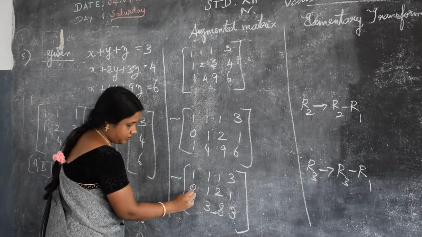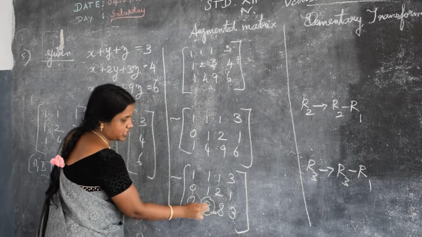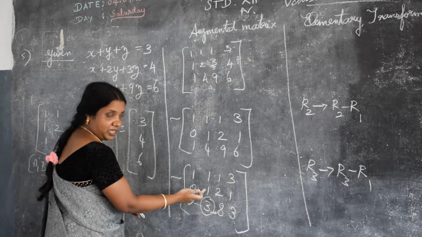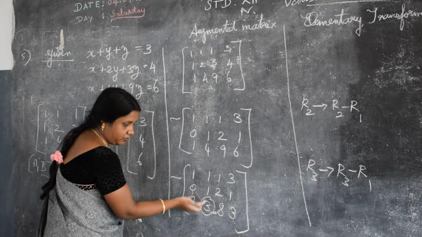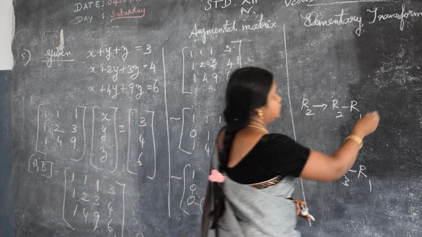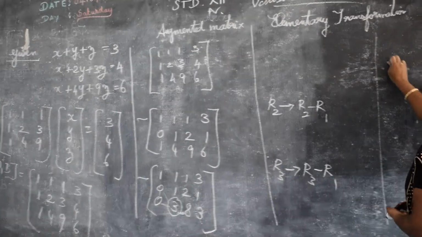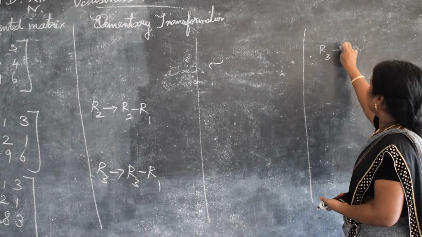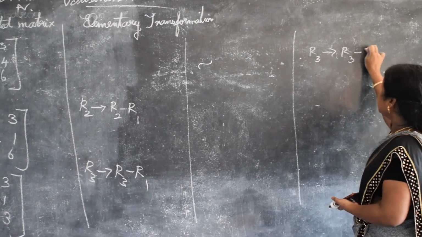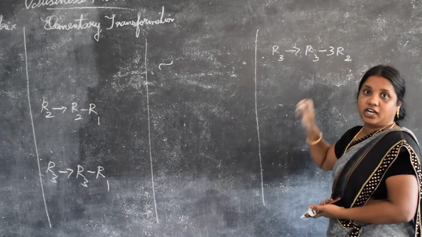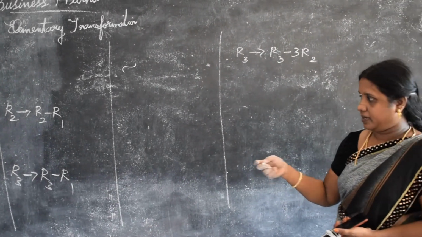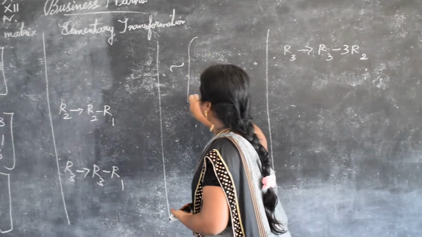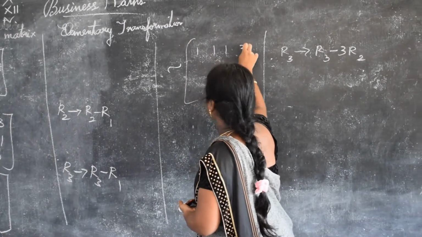But in echelon form, here also you have to get 0. So I am going to multiply R2 by 3 and then subtract. See, R3 is R3 minus 3R2. Second row I am going to multiply by 3 and subtract. Write the first row as such.